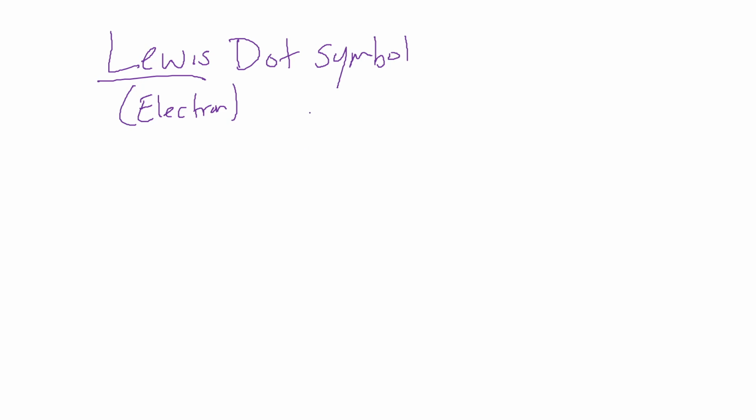So what is it? Well, when we're talking about bonding, there are really two types of electrons in an element. Take lithium, for example, electron configuration 1s2, 2s1, which has 3 total electrons. These guys on the first energy level are sometimes referred to as core electrons.